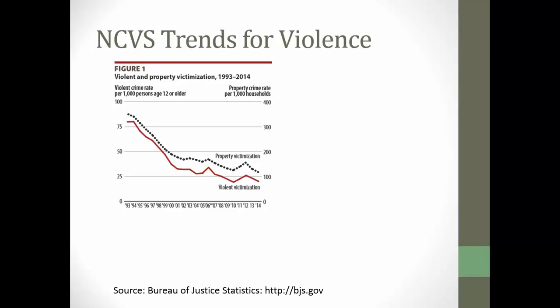So again, overall, we talked about this a few times already. The major big story in terms of the trend for violence has been a pretty dramatic decline since the early 1990s. This chart shows you the NCVS trends for property victimization and violent victimization. In terms of percent decrease, we have bottomed out, and it's jogged up and down a bit.